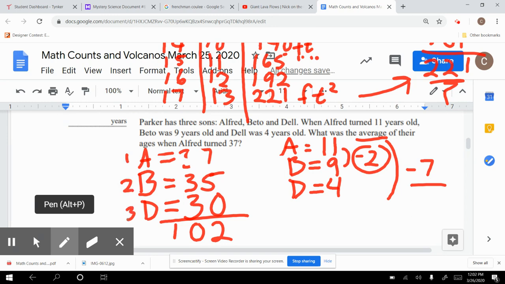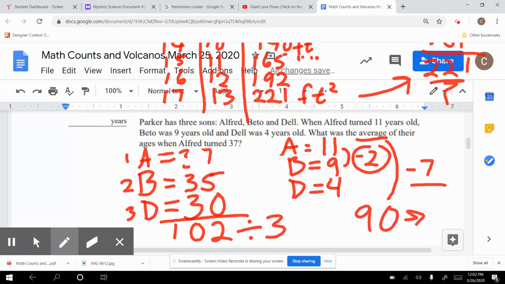So we are going to take 102 divided by 3. Well, we could do this algorithmically, but let's take a look at this. We know that 3 times 10 is 30, and 3 times 20 is 60, and 3 times 30 would be 90. So how many more 3's would we need to get from 90 to 102?